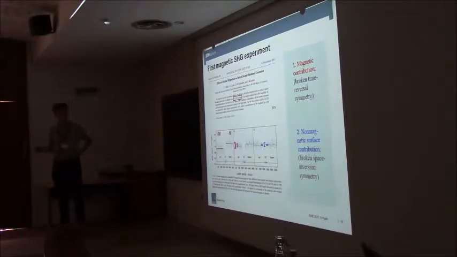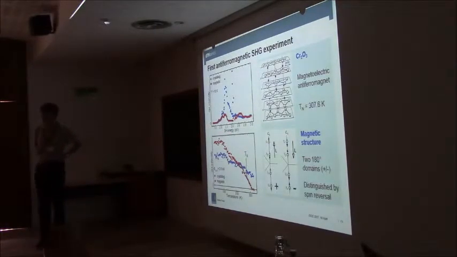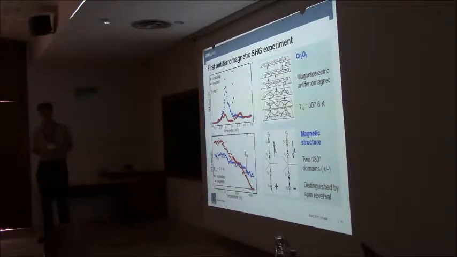of SHG. And then you can also detect antiferromagnetic structures, something that is notoriously difficult. For those who have not so much background in antiferromagnets, you have a compensated spin structure, like here, up, down, and you have domains, like in ferromagnets. There is no magnetization, nevertheless you can have domains.